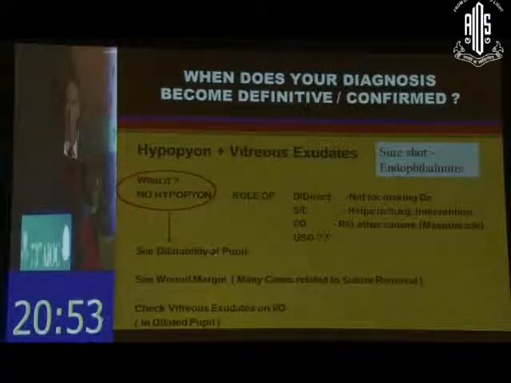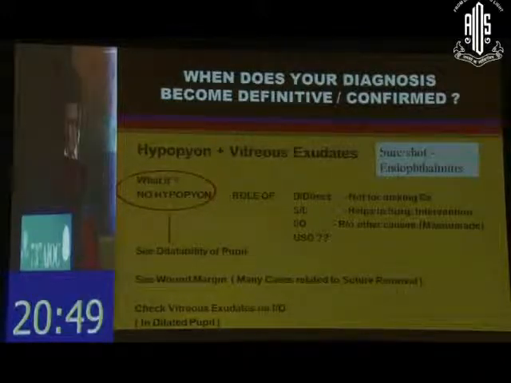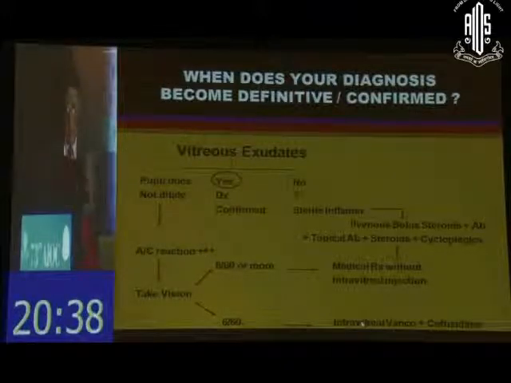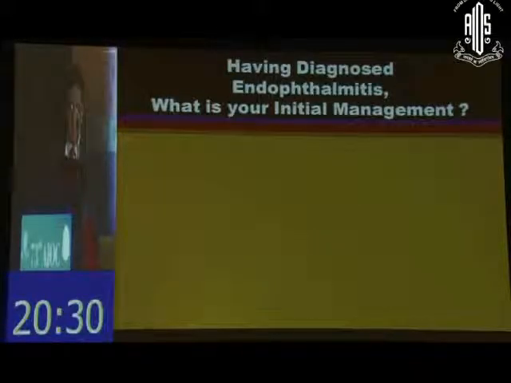So what we do is we try to dilate the pupil, see the vision, and then decide whether this patient requires intraocular antibiotics or not. If the vision is very poor, less than say 6/60, AC reaction is marked, and the pupil does not dilate, then for most of these patients I don't hesitate to give intravitreal vancomycin and ceftazidime and give them the benefit of the doubt that this could be an infectious pathology.